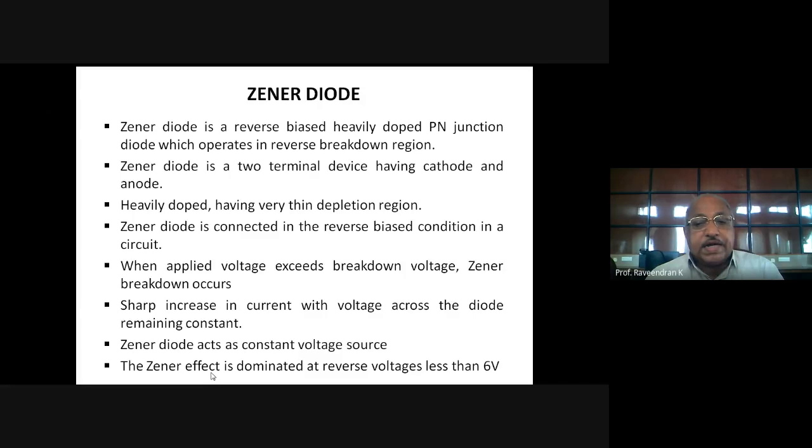This electric field intensity causes the covalent bonds of the crystal of the material to break down.